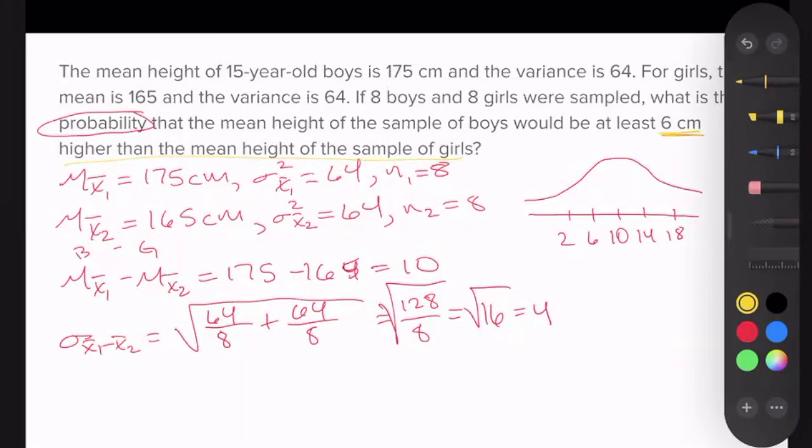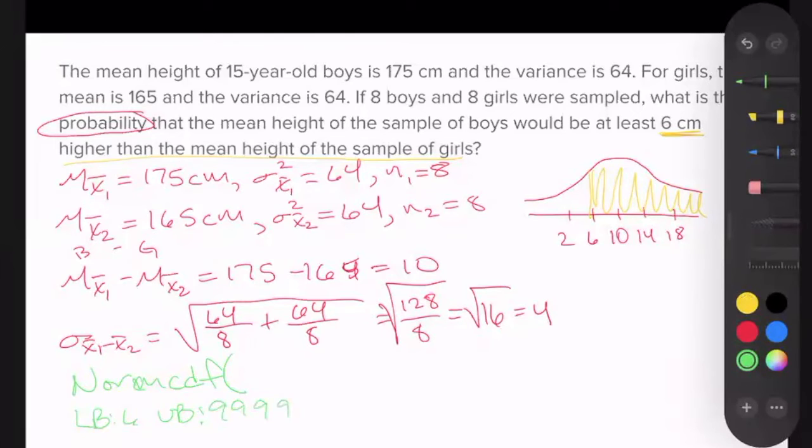So here's 6, and I want 6 or more. So I'm going to do normalcdf, and my lower bound is going to be 6, and my upper bound is going to be 99999.